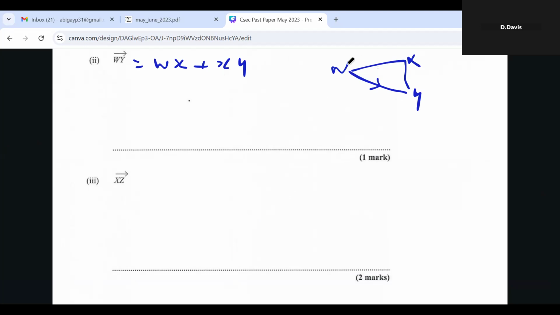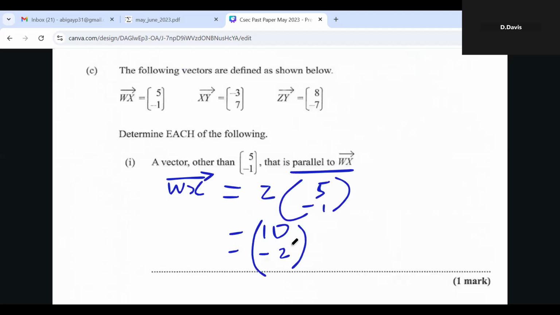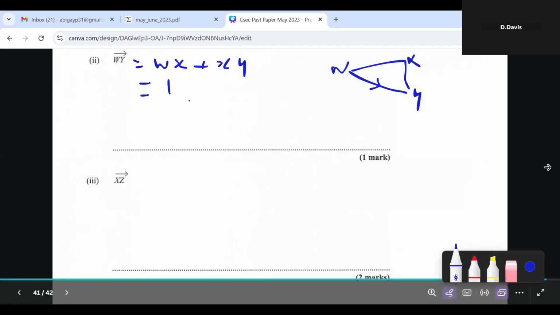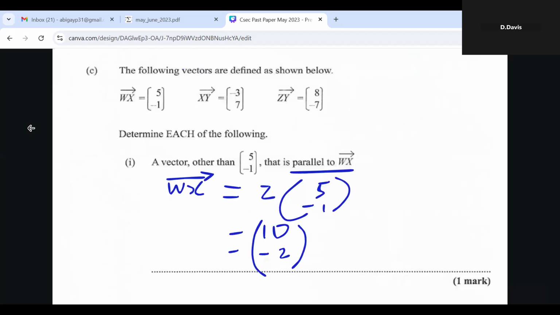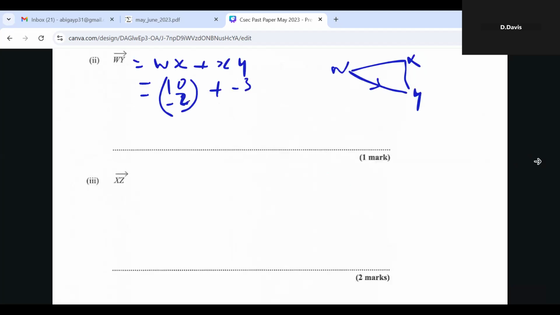WX was 10, -2, plus XY, which is -3 and 7.